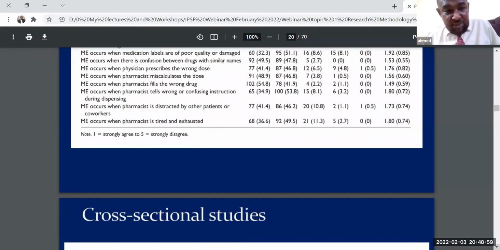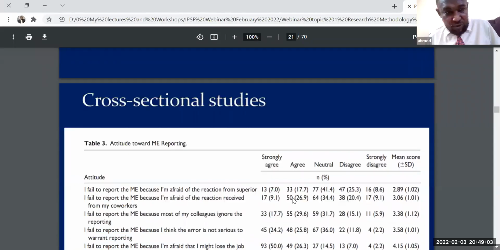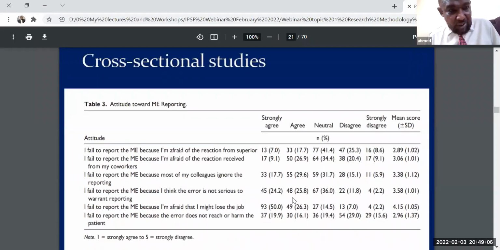The next table is about attitude, because the study was focusing on knowledge and attitude regarding medication error reporting. So those items are about attitude, and attitude actually represents a tendency of the respondent to do certain behavior or to practice certain practice and so on.